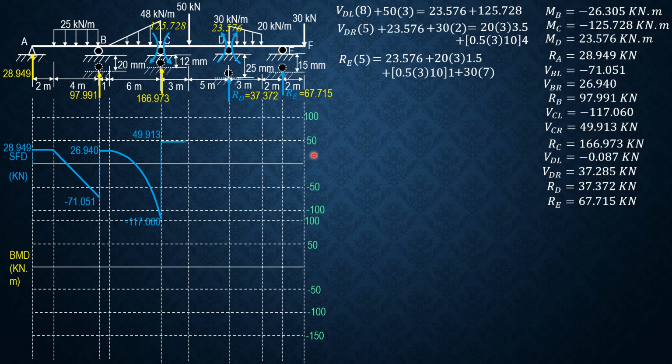We check here. Then constant minus 50. 49.913 minus 50 is negative 0.087.